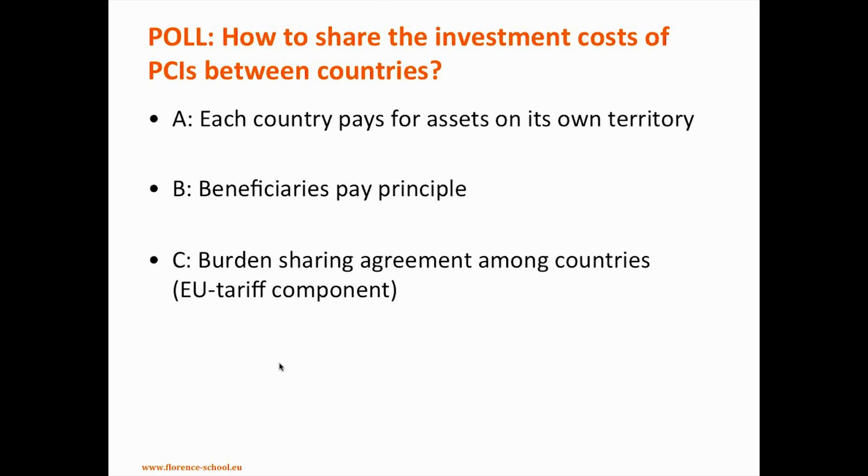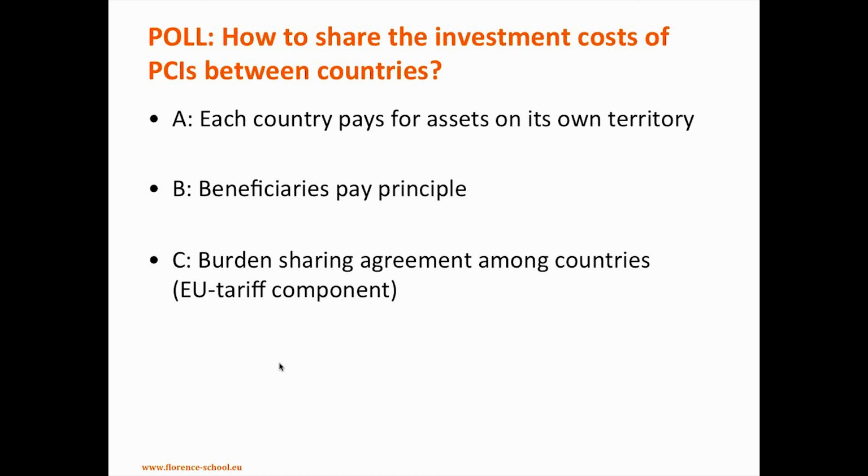In the case of renewables, we had a formula that took into account the GDP of a country. So we voluntarily agreed that countries with a bigger GDP should pay more. And we also took into account that some countries in the past had already invested a lot in renewables, so they should not be punished for that.